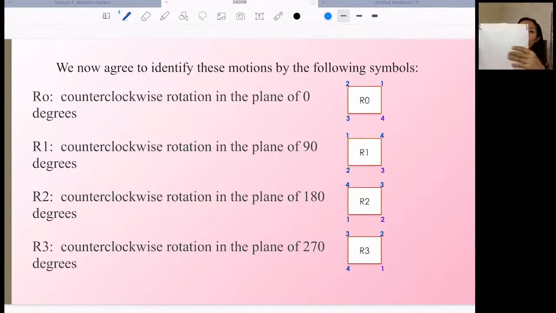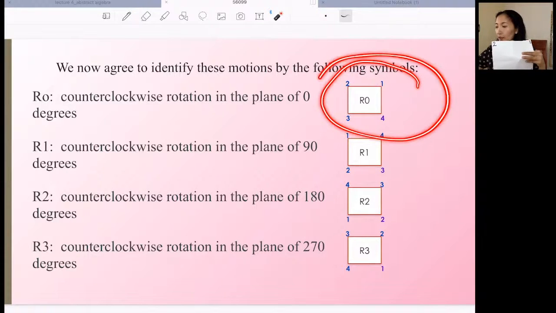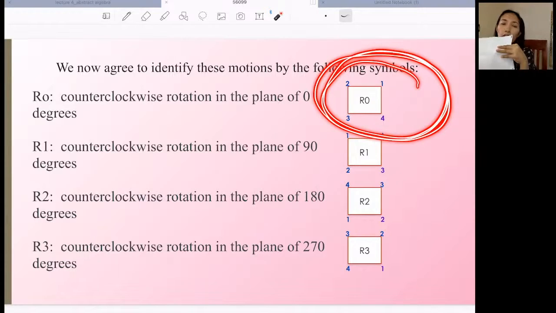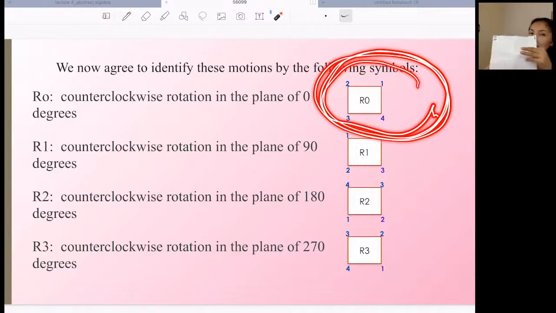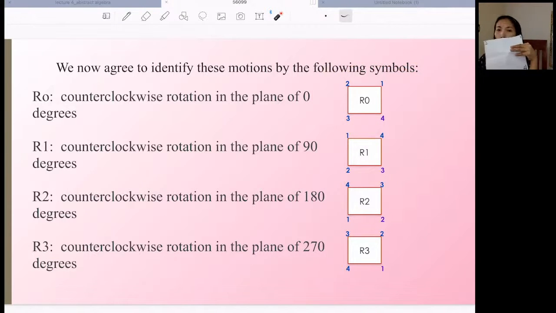So this is the original position. I want you to pay attention to the slide so that you will have a guide. Look at this part, R0. Get your square and label it in this manner. This is the original position, so that when I say R0, this is it. This is your R0.